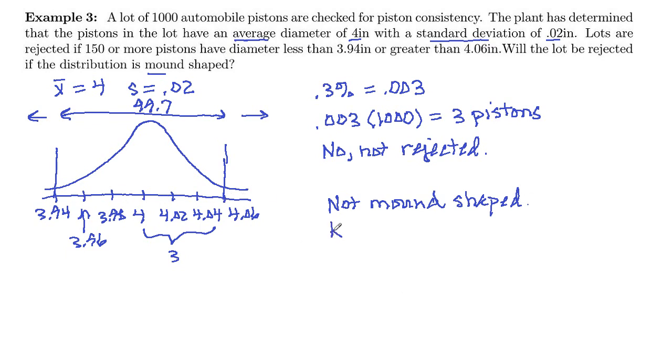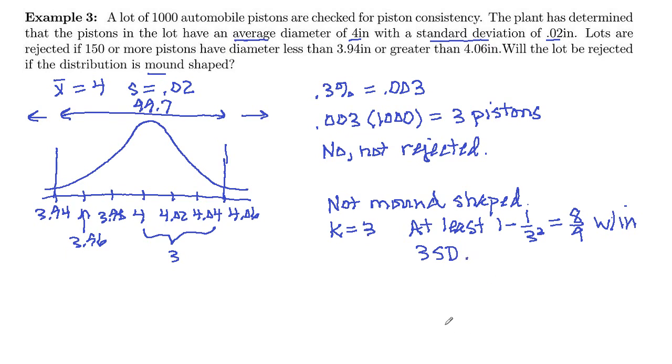So K is equal to 3. So that means that there is at least 1 minus 1 over 3 squared, which is 8/9 within 3 standard deviations.